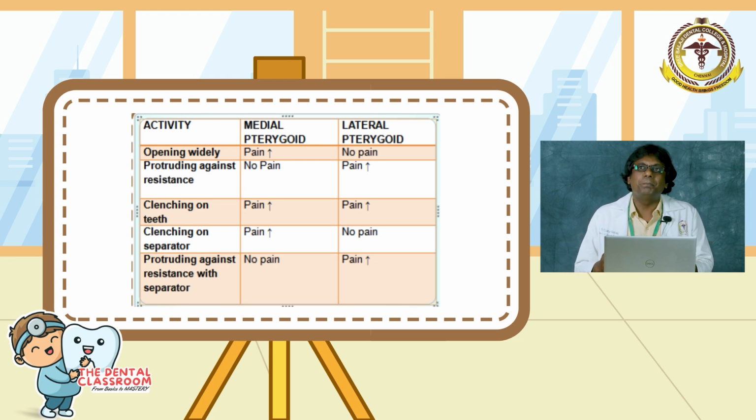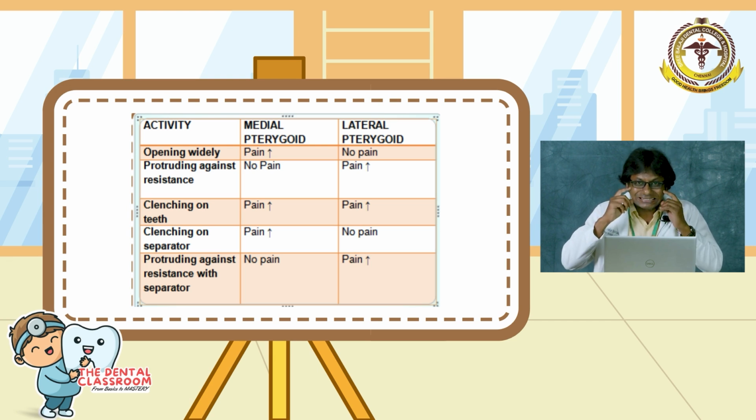When you ask the patient to open the mouth very widely, always remember the medial pterygoid muscle stretches. Upon every wide opening of the mouth, there will be stretching of the medial pterygoid. If there is any pain on complete opening of the mouth, the medial pterygoid muscle has to be suspected as the possible source of pain.